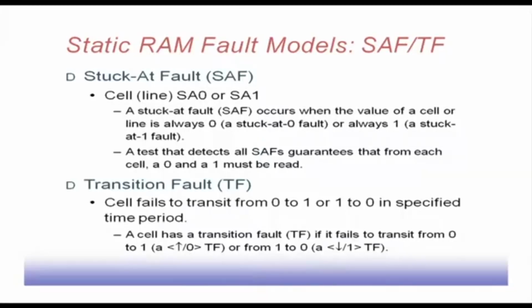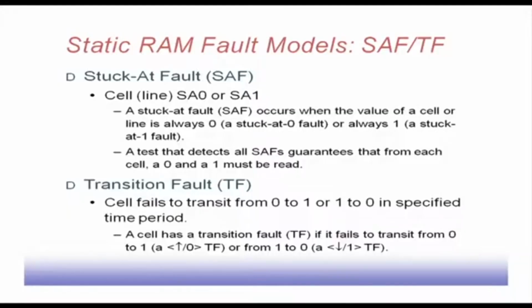Then there is a transition fault. In a transition fault, the cell fails to transit from 0 to 1 or 1 to 0 in a specified time period. So, we apply a transition on the cell and see whether that transition has occurred, whether the cell content has changed or not. Maybe we write a 0 value, then we see after some time whether the 0 value has been written there or not.